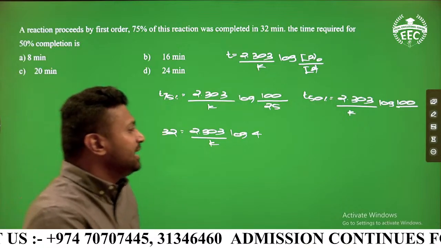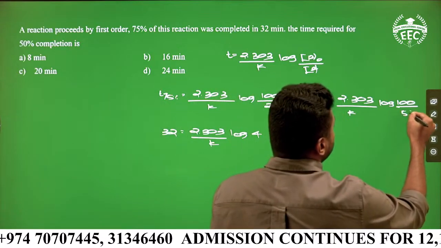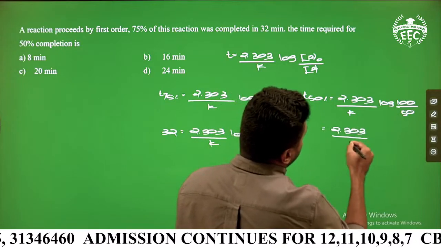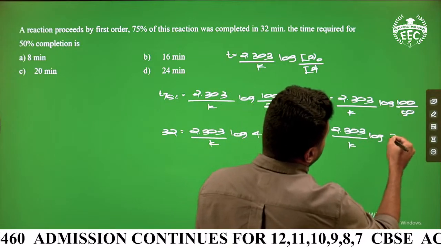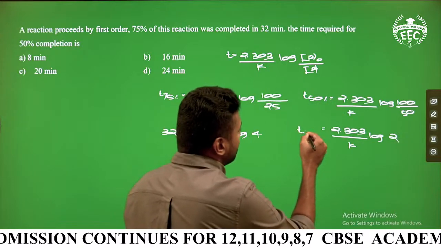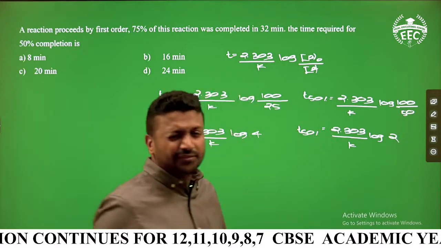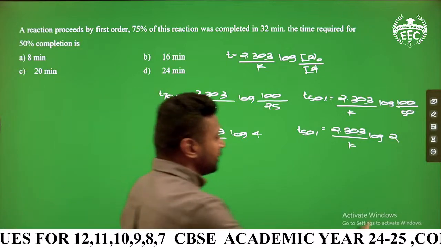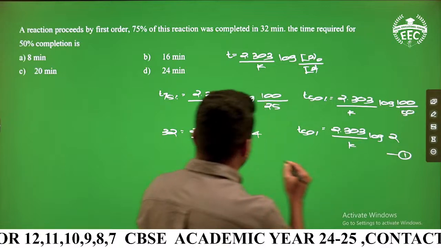Since 50% completed, remaining will be again 50. So T50 is equal to 2.303 by k log of 100 by 50, which is same as log 2. What we require is time taken to finish 50%, that T50 is my question. I'll call this one equation number 1 and this one equation number 2.